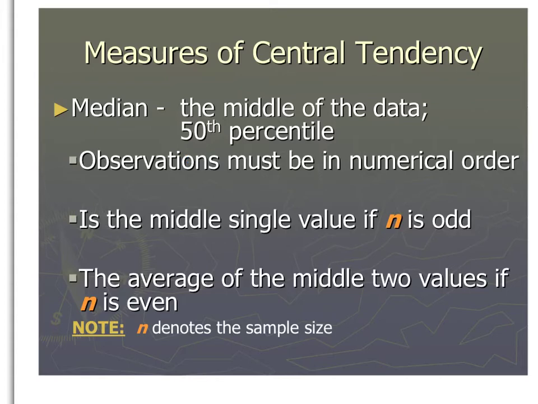You should be very familiar with it because you've used it for many years. Observations must be in numerical order before you find the median, and it's the middle single value if we have an odd number of data, and n just represents how many data values we have. But if we have an even number of data, it's the average of the two in the middle.